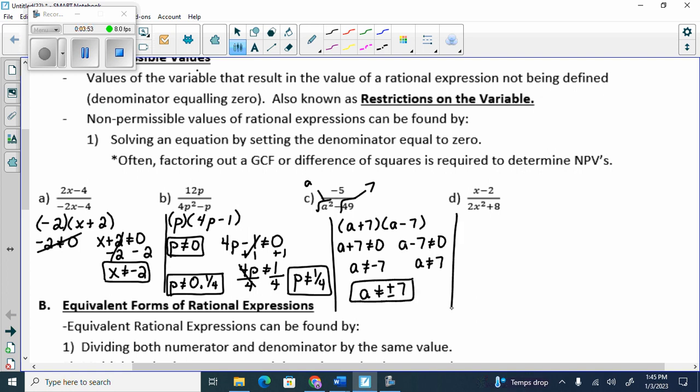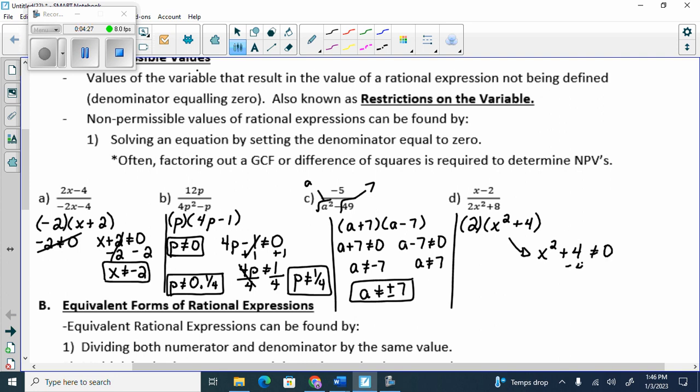Now D is a trick question. If I take a 2 out, which I can, a GCF of 2, I'm left with x squared plus 4, which is an addition of squares. Whenever you get an addition of squares, there are no NPVs, because there's nothing that I can fill into this x that would make it cancel off. For example, if I have x squared plus 4, I'd have to fill in something that would be negative 4 plus 4 to give me 0. And there's no way I can do that, because when I square anything, it becomes positive. To prove my point, I can say x squared plus 4 can't equal 0.